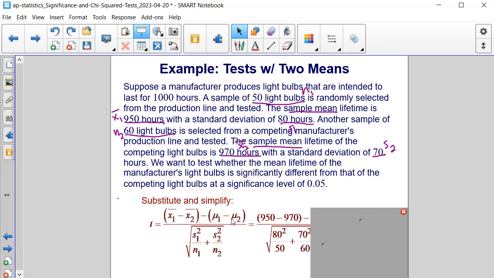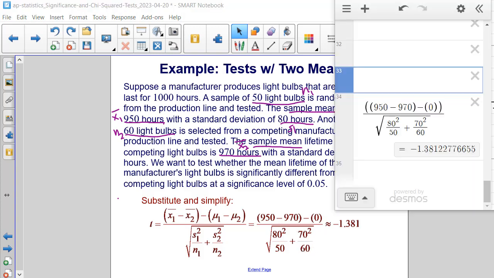Then minus mu 1 minus mu sub 2, since we're assuming that to be 0, we substitute that into its place, and then we fill in the remaining values for our standard deviations. So we have 80 squared over 50 plus 70 squared over 60. If we substitute these values into a calculator and evaluate, we get a value of -1 and about 381 thousandths.